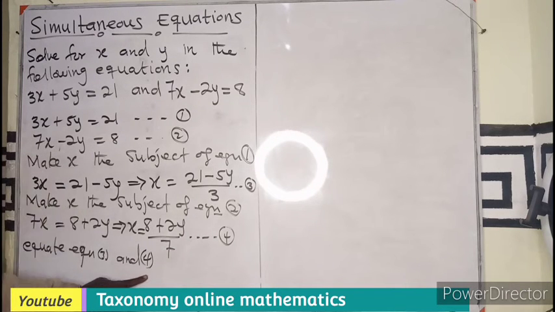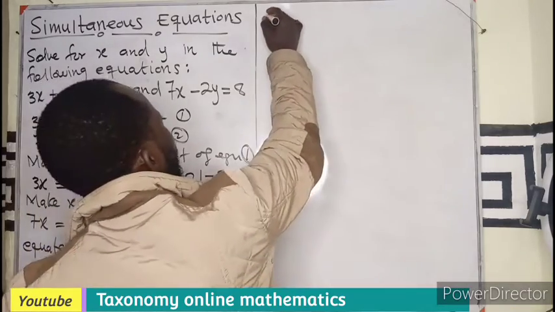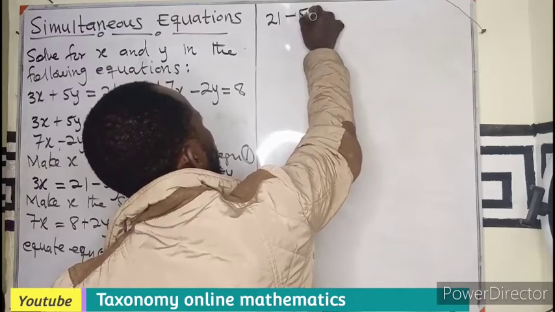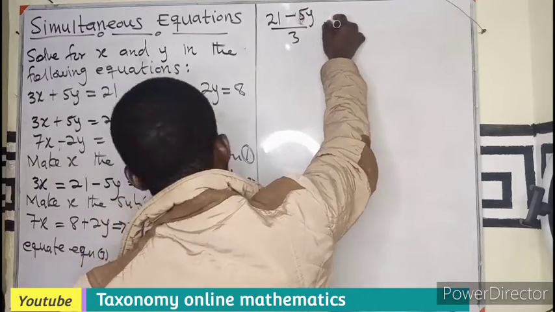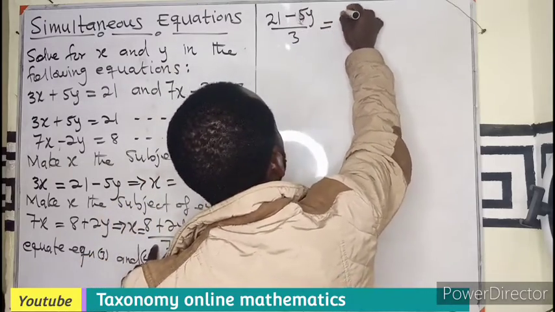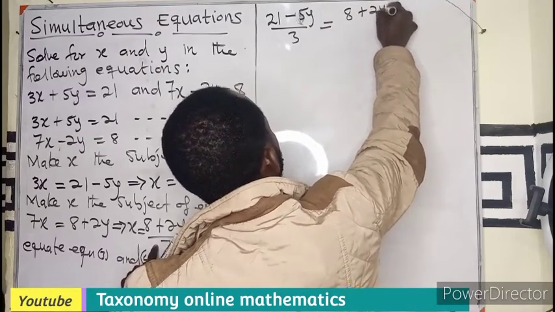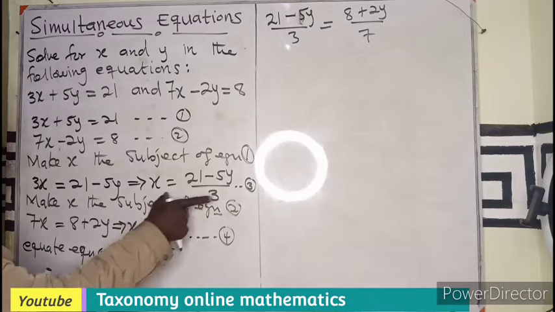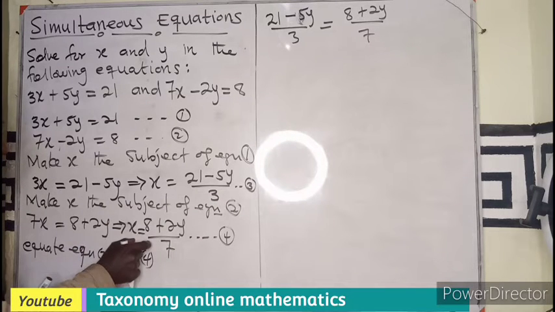So if I equate, we are equating. This is the x, this is the x, so they are the same. If x equals x, then the right hand side of the first equation equals the right hand side of the second one.